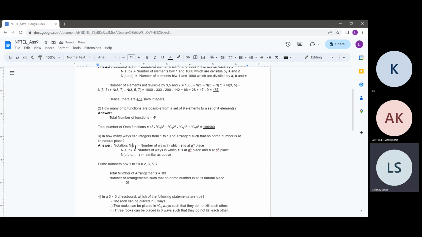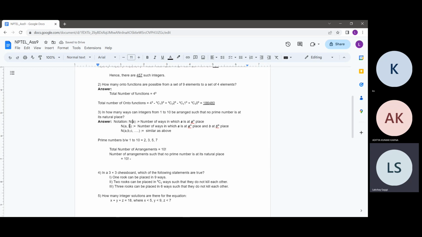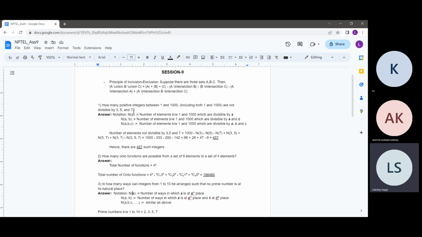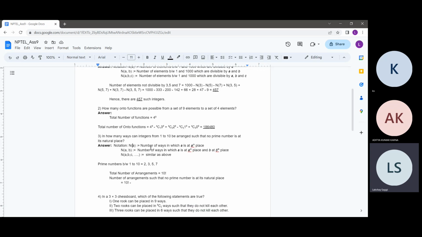So n of a. I just introduced a notation like I did in the first question, because writing it down in notation makes it easier for me to write and for you guys to understand. So n of a is the number of arrangements of these numbers 1 to 10 such that a is at the ath place.